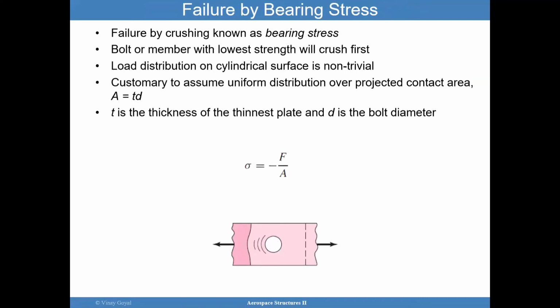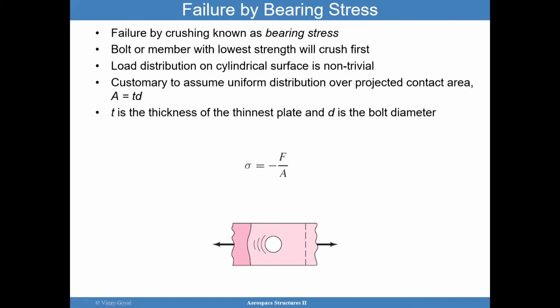Failure by bearing stress is essentially crushing of the material under compression. And so the bolt or member with the lowest strength will crush first. You can determine the load distribution due to this cylindrical surface being contacted by the bolt. While it's non-trivial, what is recommended typically is to assume a uniform distribution of how that bolt is in contact with the hole.